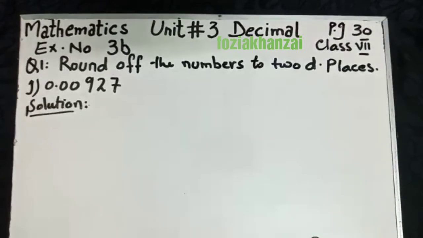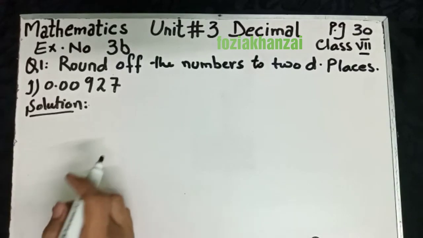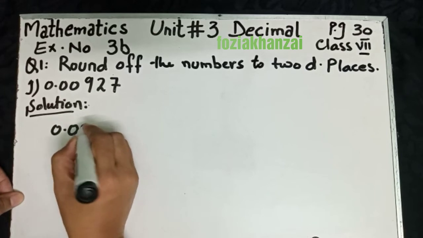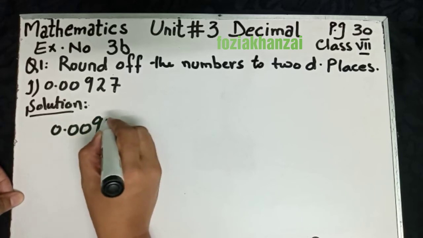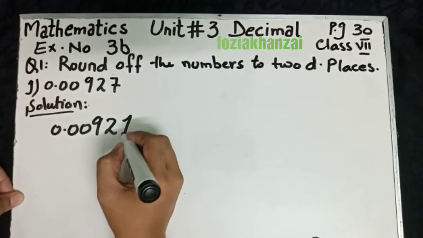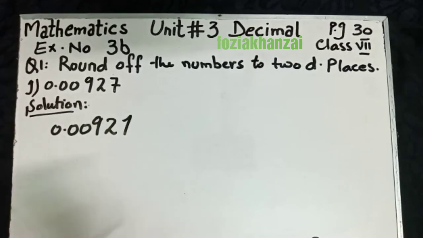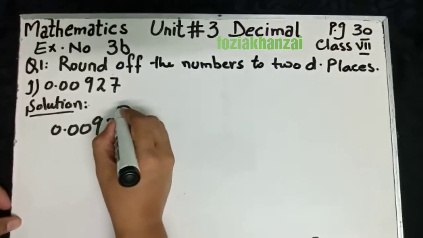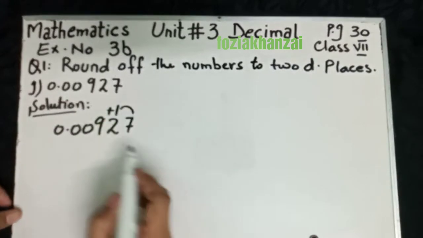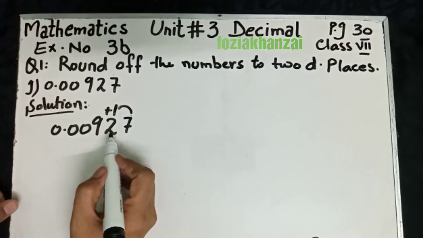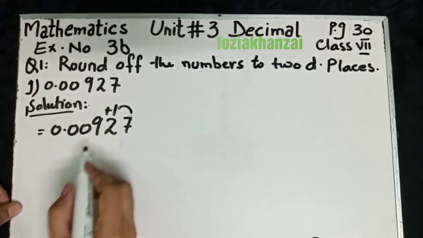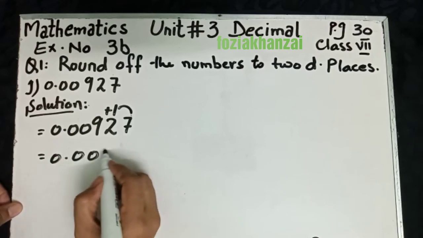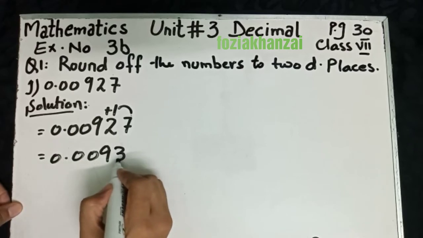Part G, 0.00927. So the last digit is greater than 5, so we add 1 to the previous number. Okay, so 7 plus 1. The previous number is 2, so we add 1: 0.0093.